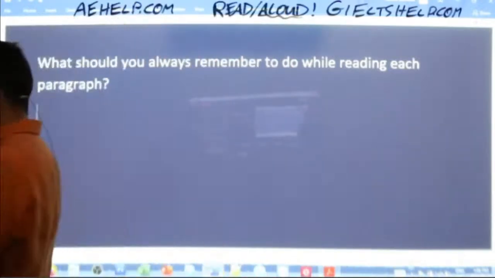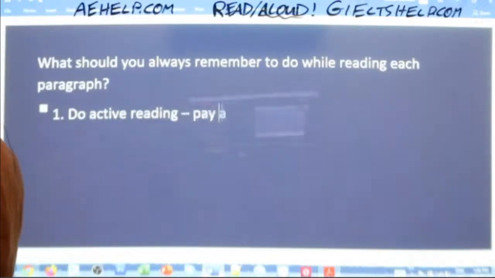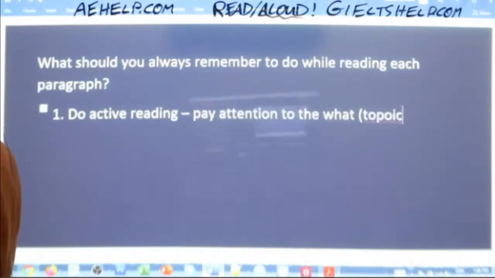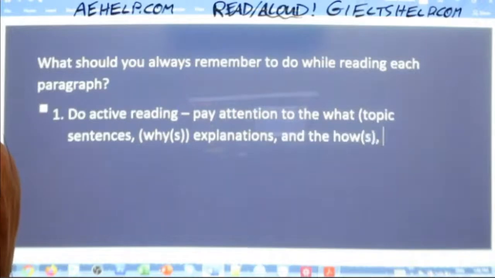Absolutely. So active reading, always, meaning pay attention to the what, meaning topic sentences, the whys, meaning explanations, and the hows, meaning the examples usually.